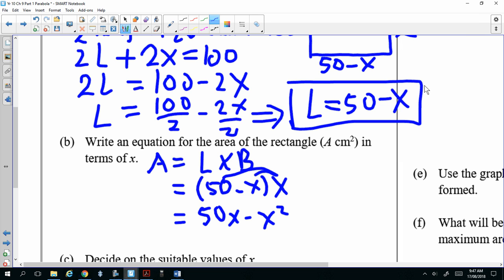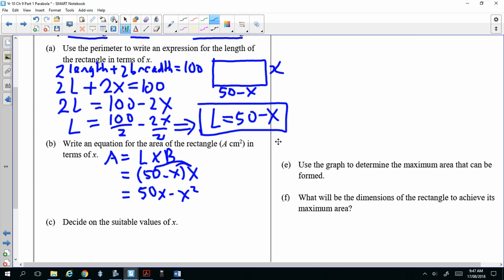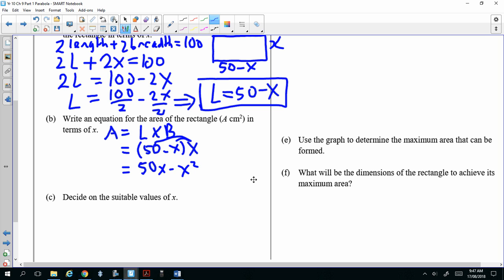Now, after we've got the equation for the area, we're going to decide suitable values of x. Okay, so this is a practical problem. x cannot take any values. There's a limitation on what values x can take. Now, if you look at the length, it's 50 minus x. So we need to ensure the length is positive, right?